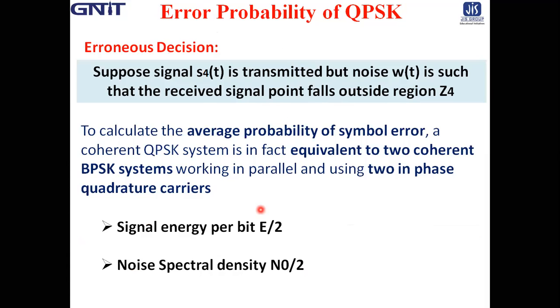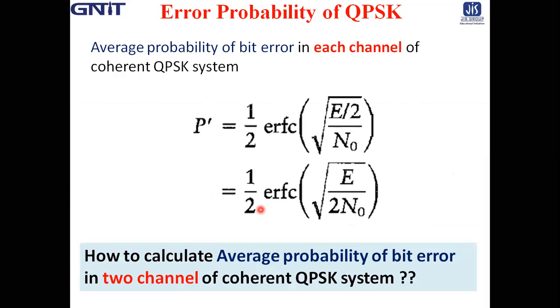Therefore, from the average probability of bit error of a coherent BPSK system, we may now state that the average probability of bit error in each channel of the coherent QPSK system is P dash equal to half erfc square root of E by 2 N0.